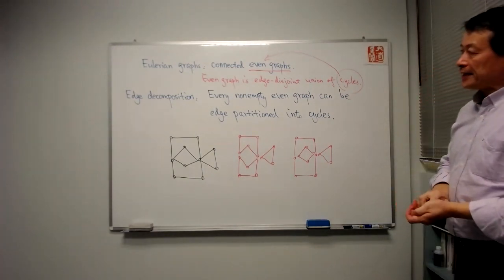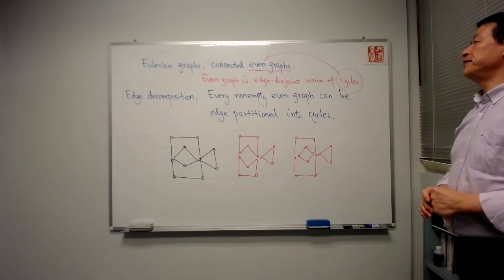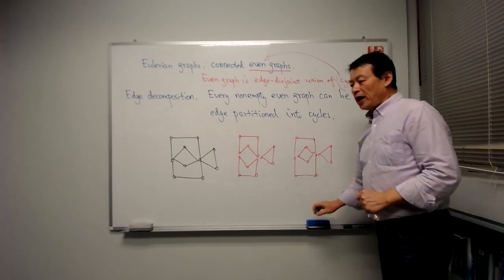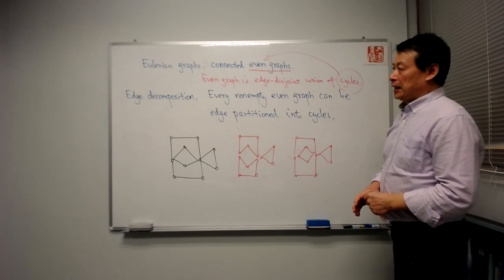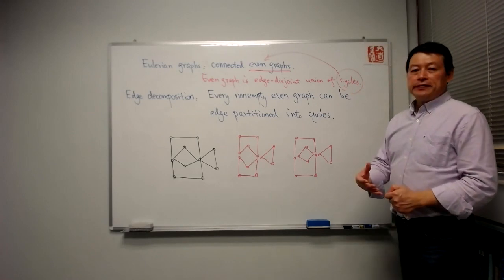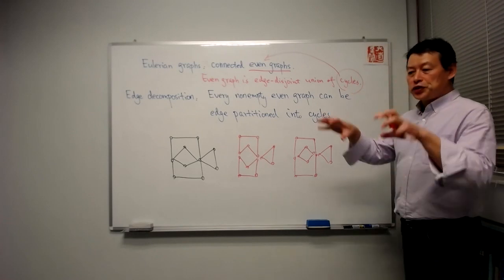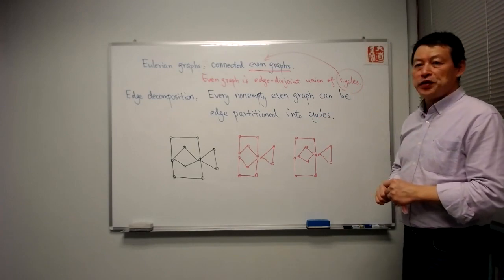Now, in connection with vertex partition, what we have is we can always partition a graph that is not an even graph into 2 even graphs as induced subgraphs.